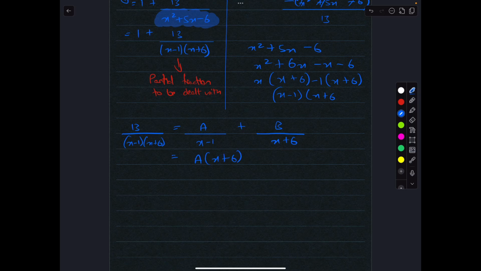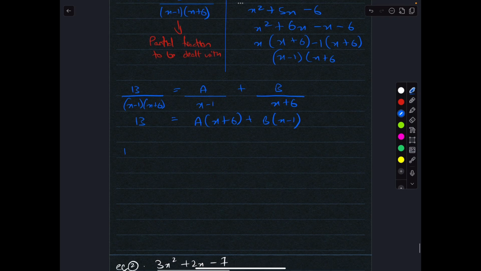I'll cross multiply and cancel off the denominators in one step, and this is what I have. Now apply the cover up method as always. So when x is equal to minus 6, A cancels off, or this thing just becomes 0.